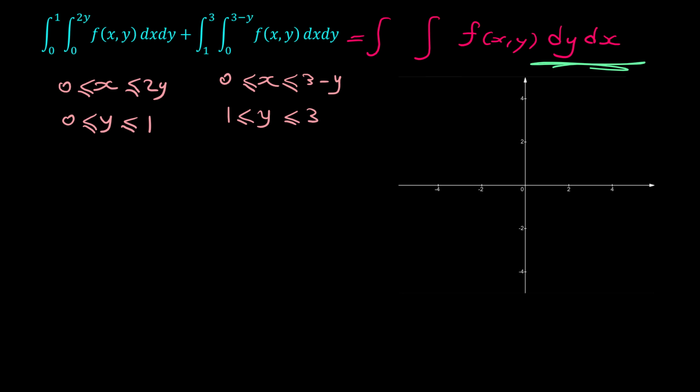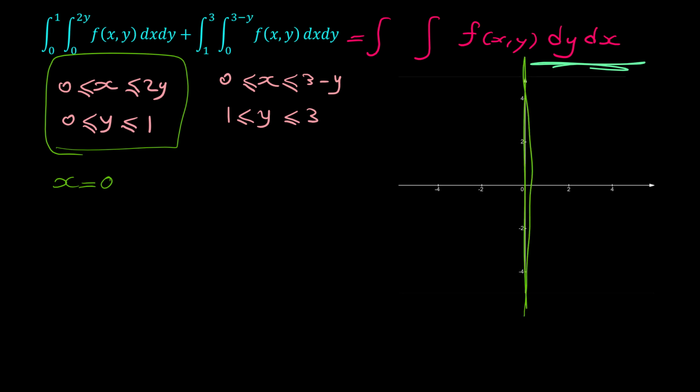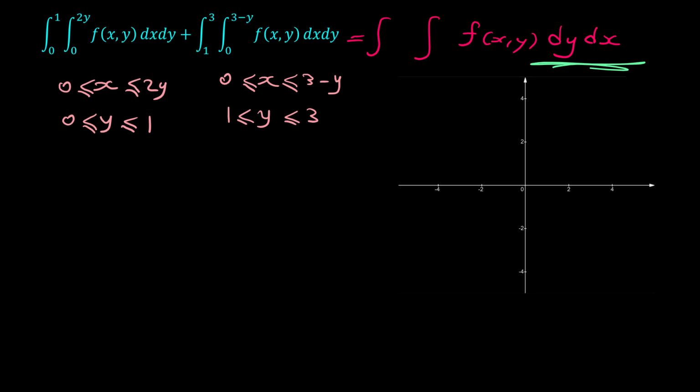So first we have to start graphing the region. Here, if you pay attention, x is between 0 and 2y. x equals 0 is the y-axis. So x starts from this vertical line, x equals 0, and it ends at x equals 2y.